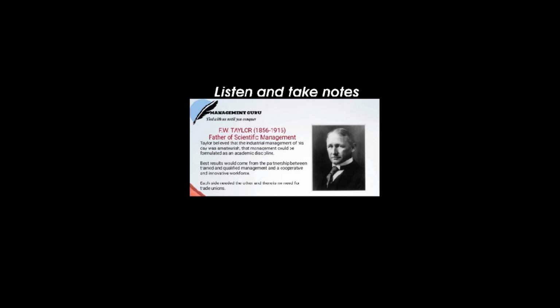Moving to the 5 principles of scientific management that I hinted on earlier, we have: replace the rule of thumb methods with methods based on scientific study of tasks. Then scientifically select, train, and develop each worker rather than passively leaving them to train themselves.